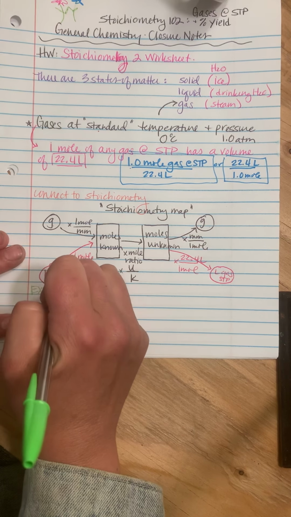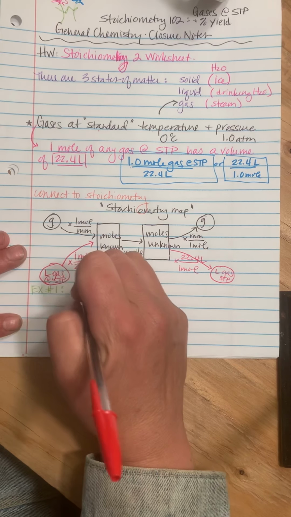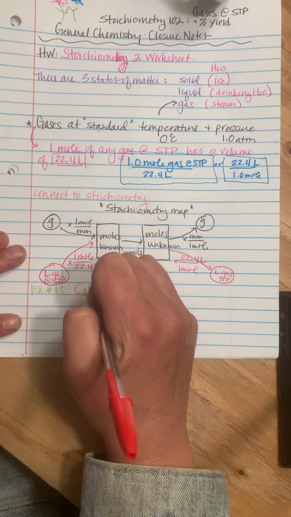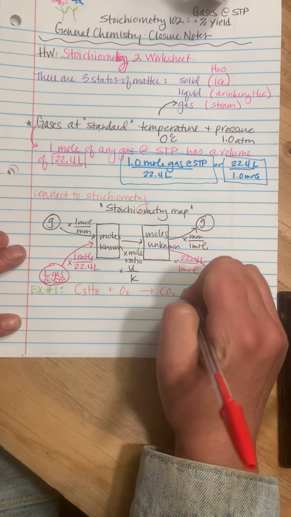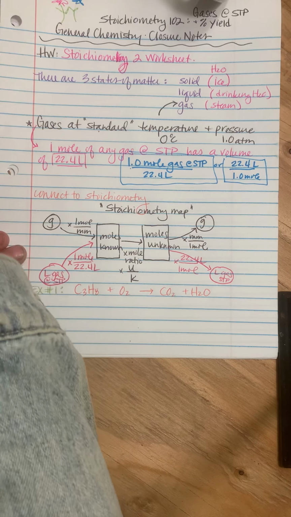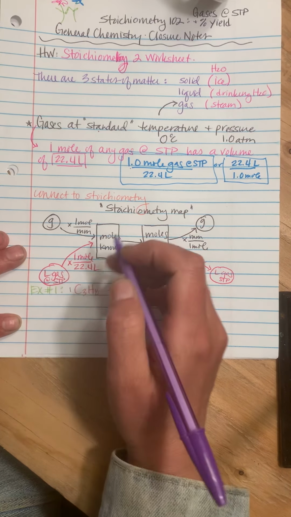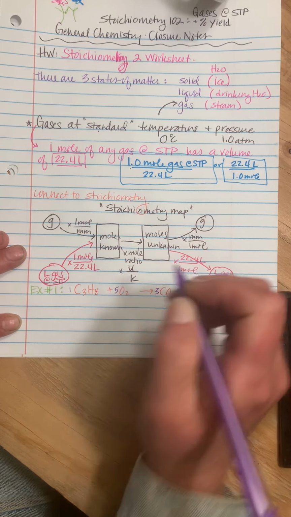Example number 1. That green is super hard to see. We're going to use this reaction, C3H8 plus O2 makes CO2 plus H2O. And balancing this, it's 1, 5, 3, 4.